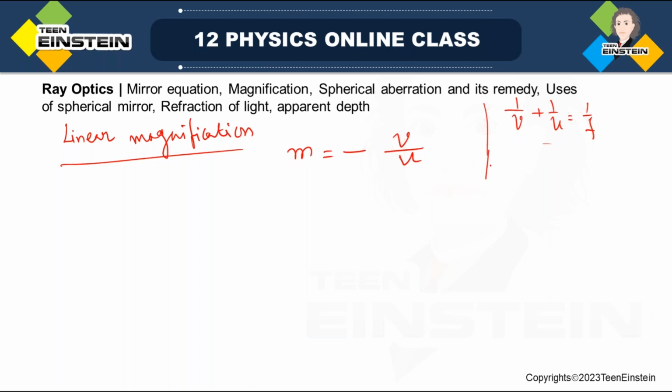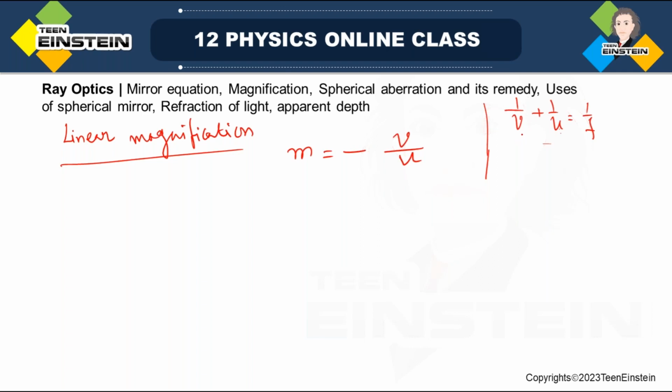So suppose we want to derive this equation or express this magnification in terms of only object distance and focal length. Okay, if we don't know the image distance, then how can we proceed and how can we find out the magnification? Obviously, if other parameters are known, we can find out the image distance.